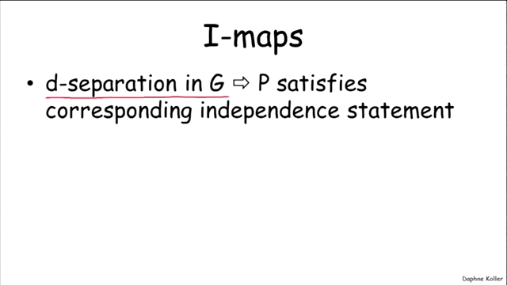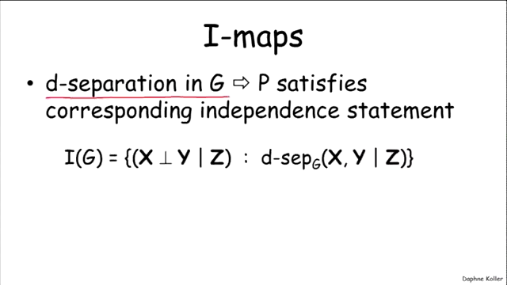And so now we can basically look at the independencies that are implied by the graph G. So I of G, which is the set of independencies that are implicit in a graph G, are all of the independence statements, X is independent of Y given Z, that correspond to d-separation statements in the graph. So this is the set of all independencies that are derived from d-separation statements.